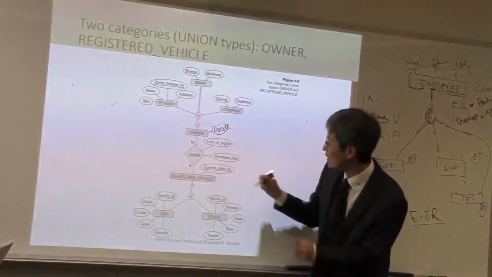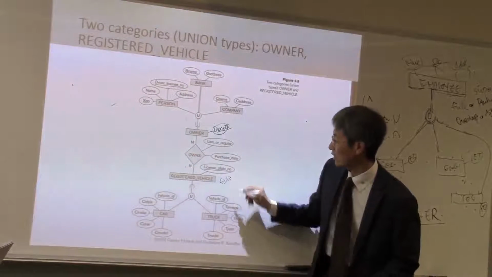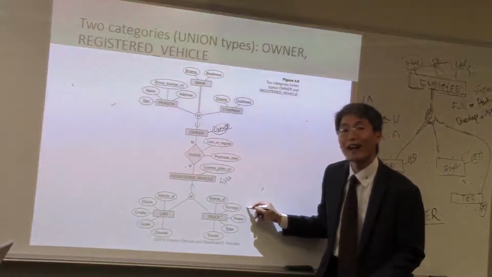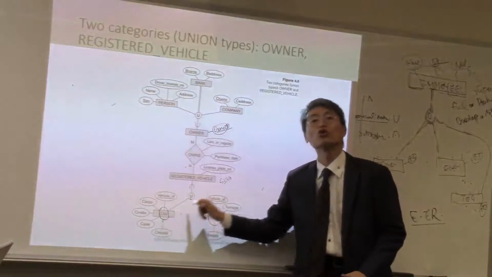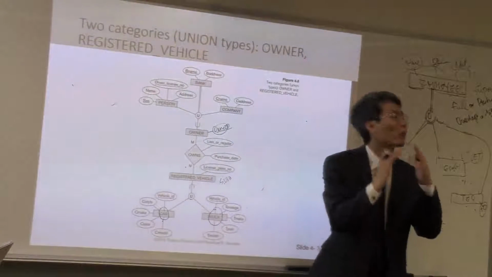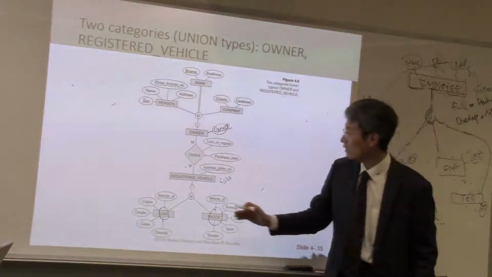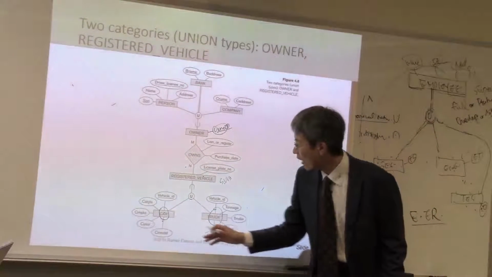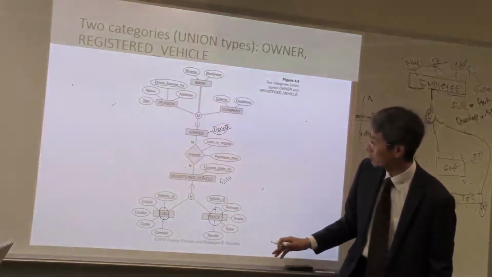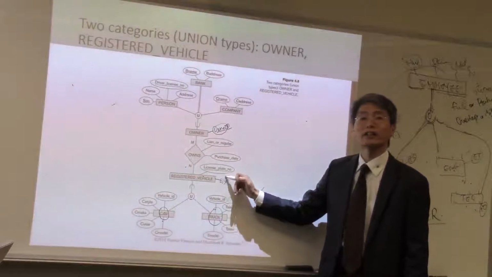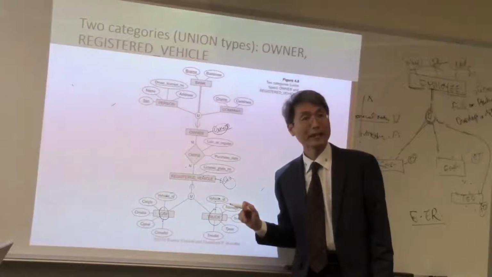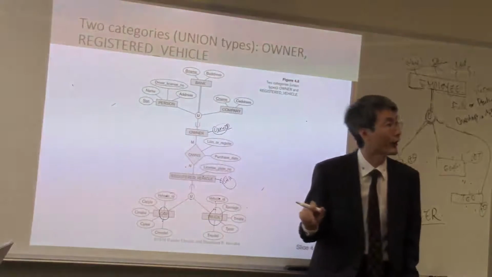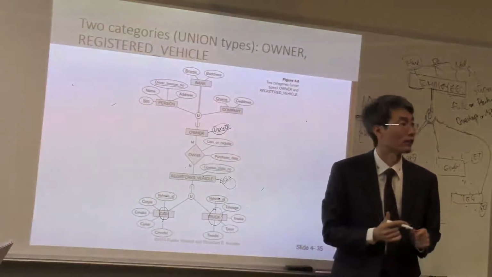But this is a subclass. This one is a superclass, and it's a union type. Either the vehicle is a car or a truck. This time, we can still use the vehicle ID because it's a common key attribute. We don't have to create a new surrogate key.